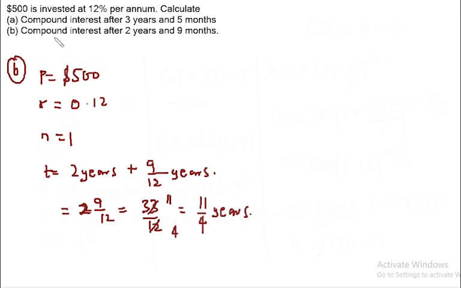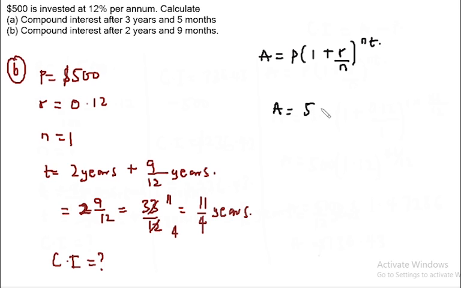And like before, we are asked to find the compound interest. Compound interest is unknown. First of all, we find the amount. So the amount is P, open bracket, 1 plus R over N, close bracket, to the power of N times T. So we have A is equal to 500, open bracket, 1 plus 0.12 over 1, close bracket, to the power of 1 times 11 over 4.